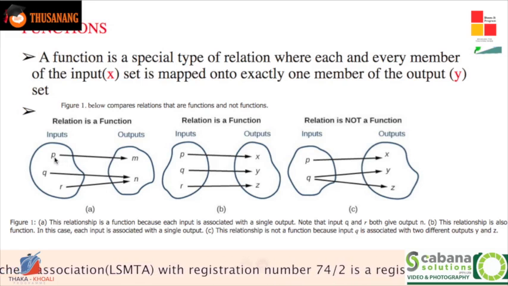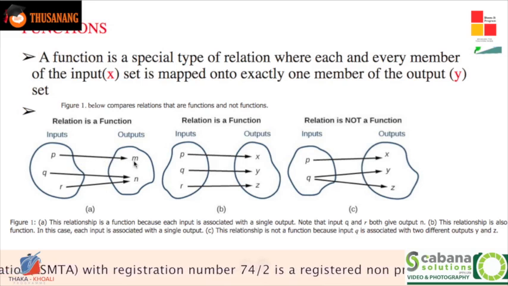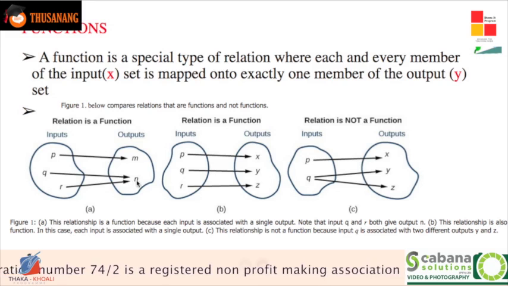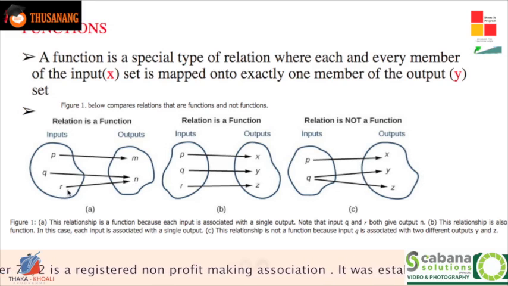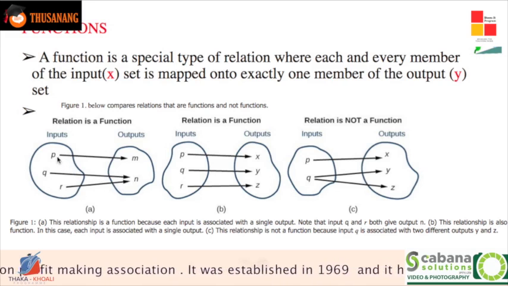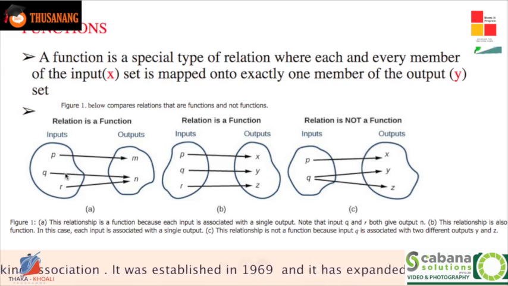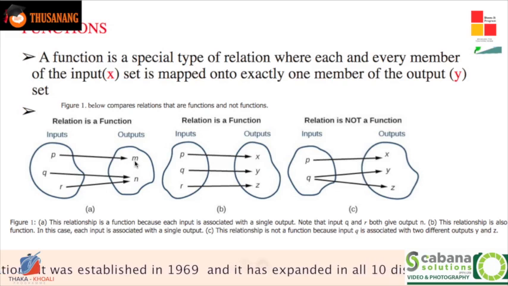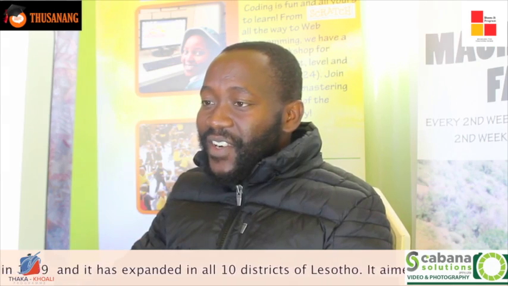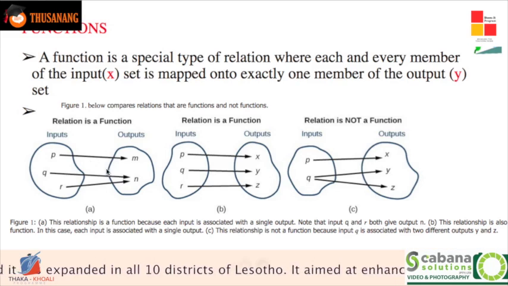We have P, which is mapped onto M. We have Q, which is mapped to N. We have R, which is also mapped to N. So as you can see, each and every element of the input is mapped onto one element of the output. So this relation is a function.